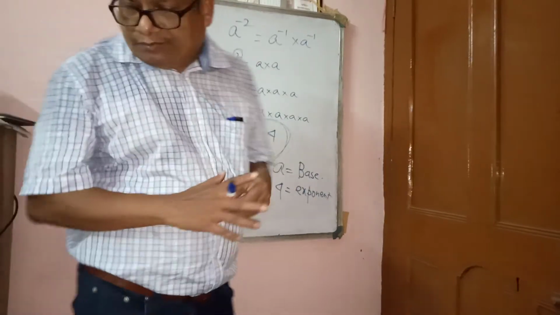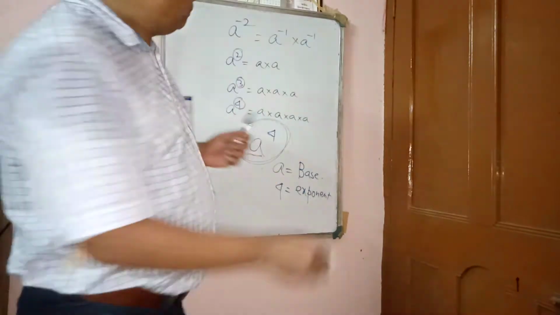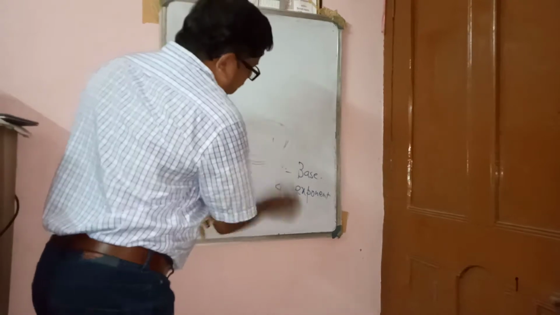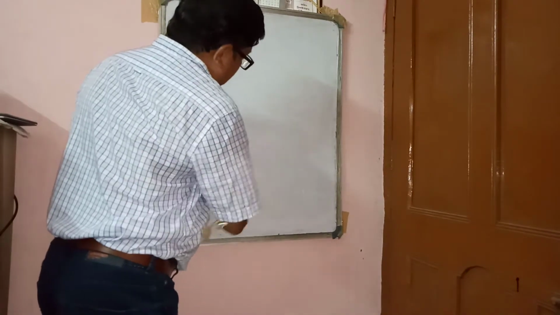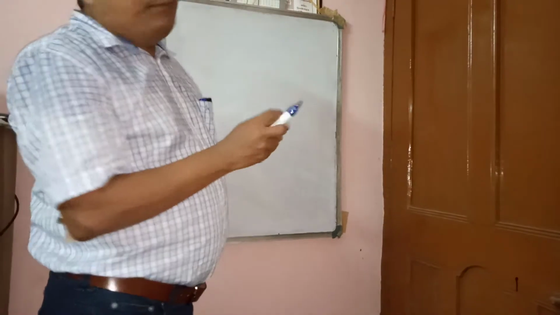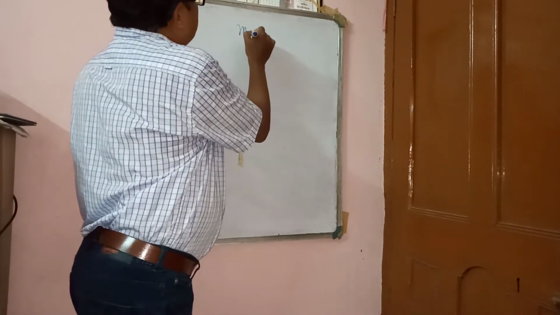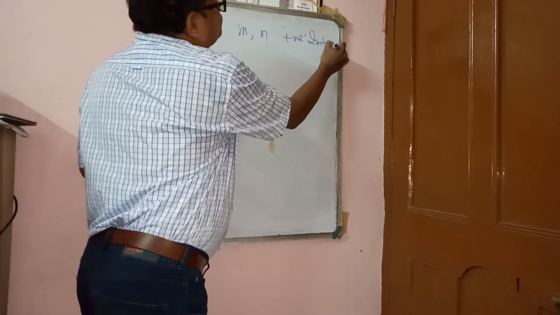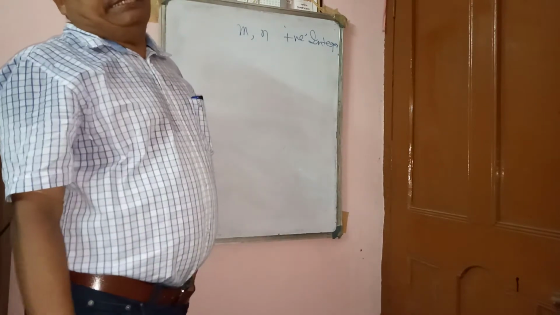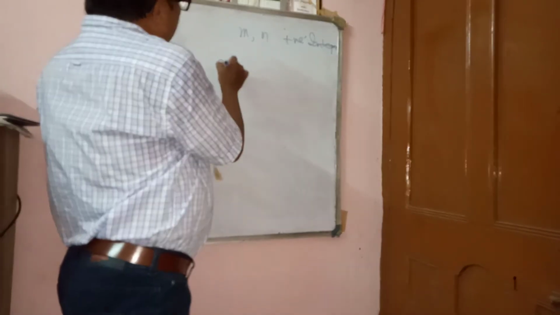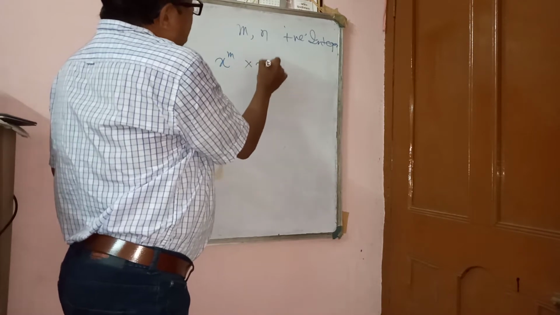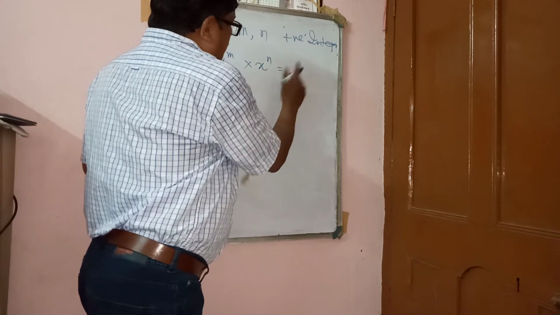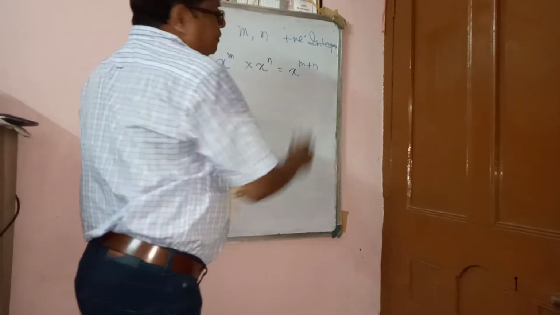Okay, now again see, suppose m and n are positive integers. Then we can write x to the power m into x to the power n, and it is always equal to x to the power m plus n.